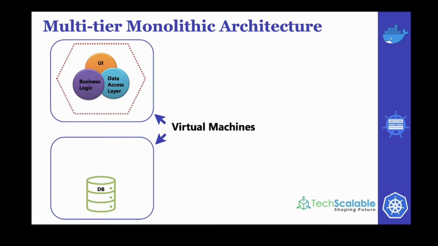So imagine that our front end with the business logic, the middle tier logic, is sitting in one virtual machine, and our back end is sitting in another virtual machine, and they can interact with each other. When I want to bundle my application and deploy it in a different environment, I would have to package them all together.